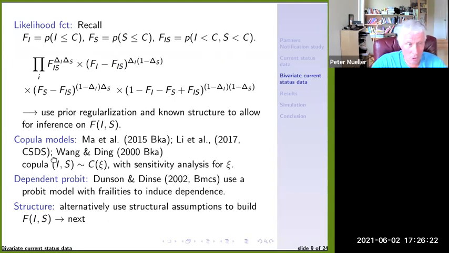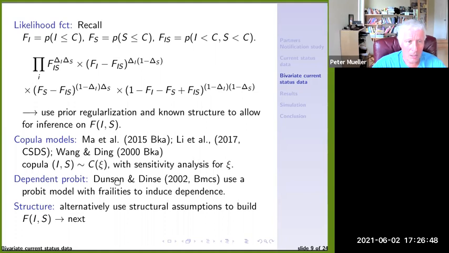That gives you a model for the bivariate event time distribution, where you have one parameter that characterizes the correlation. Like if you use a Gaussian copula, you just get the correlation of the latent Gaussian. And then you do sensitivity analysis with respect to that assumption. That's totally sensible, and I think a very principled way to proceed.